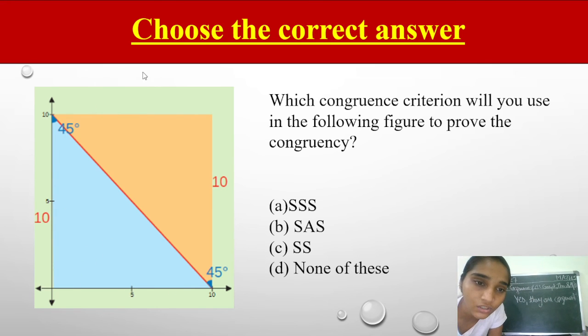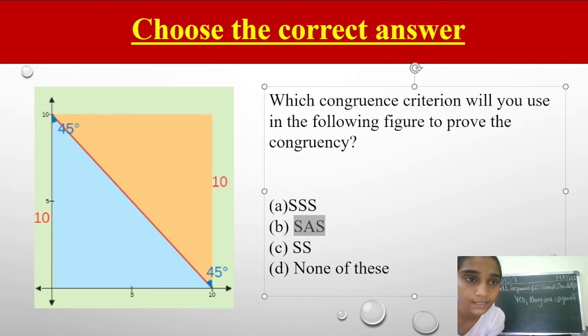Actually this is a square, all the sides are 10. Okay. So now tell me which criteria will you follow. Very good. You are going to follow SAS, two sides and one angle included between them.